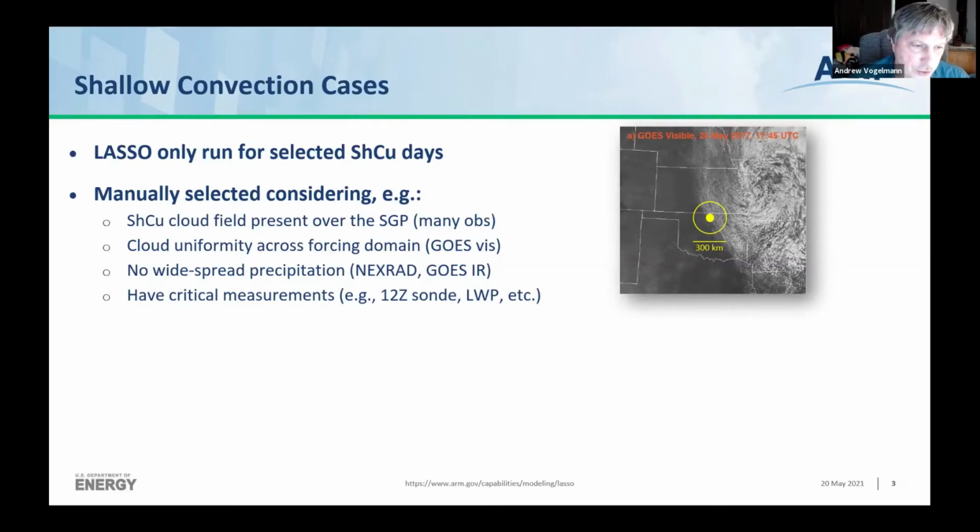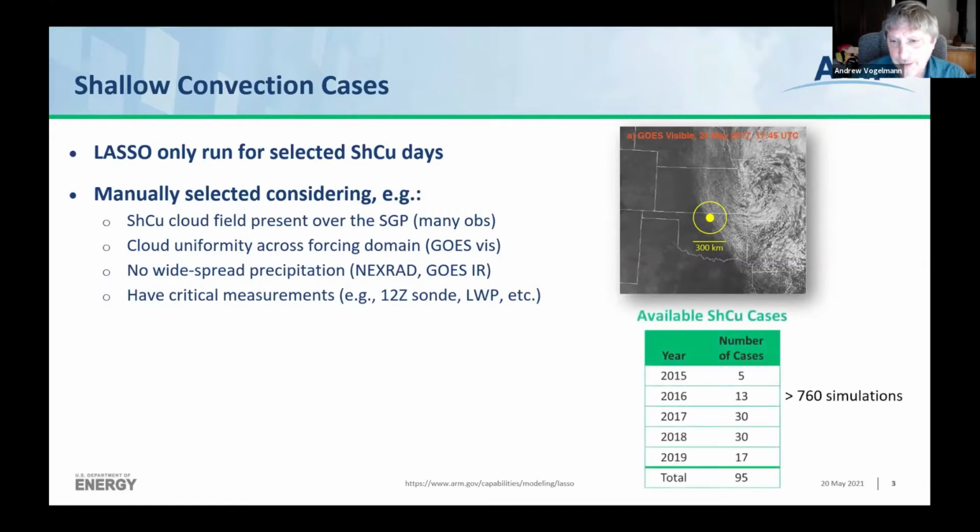Finally, we want to make sure that there's no widespread precipitation, like pop-up storms in the area. And for that, the best thing is to use the NEXRAD. And the last item is that we have critical measurements, particularly the 12Z sounding that we use to initialize the model, liquid water path, and other measurements that are critical to the model evaluation.